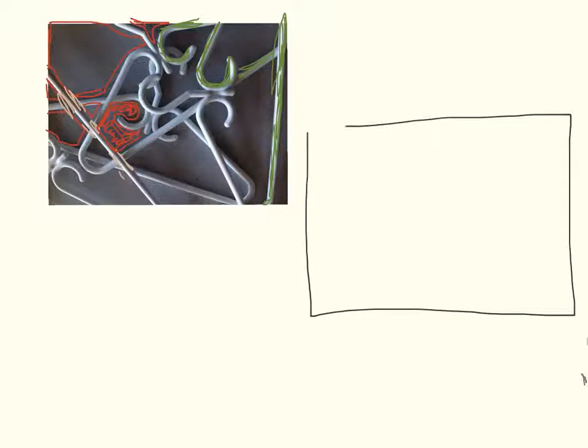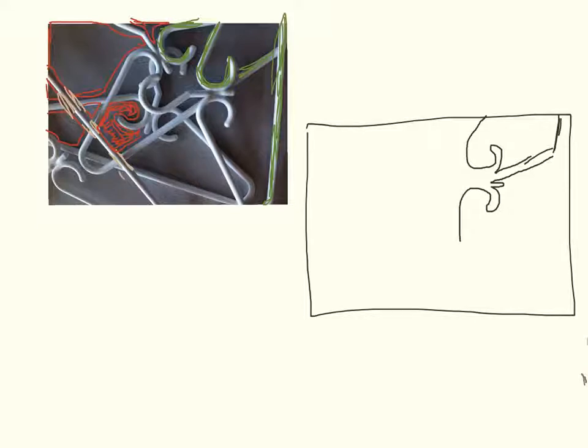So if this is my paper, I'm going to draw this space. I'm going to have another corner that goes kind of like this, and then there's a little bump there, and it goes around.